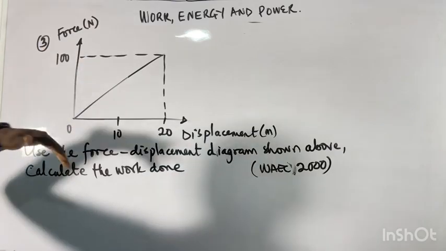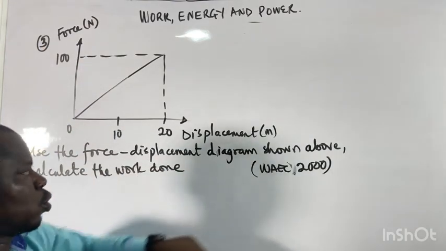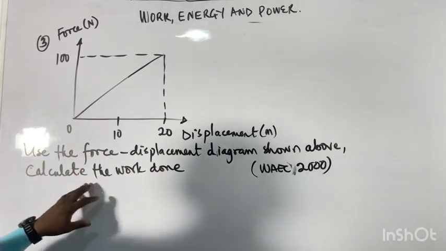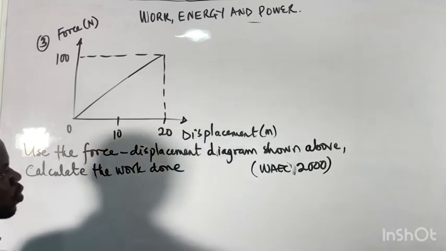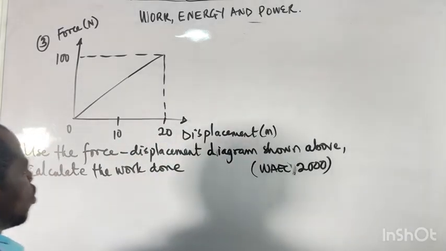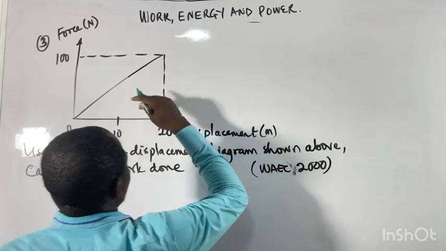The question says, use the force distance diagram shown above, calculate the work done. Now, when you have a force distance diagram, that means a relationship between force and distance. How do you calculate the work done?